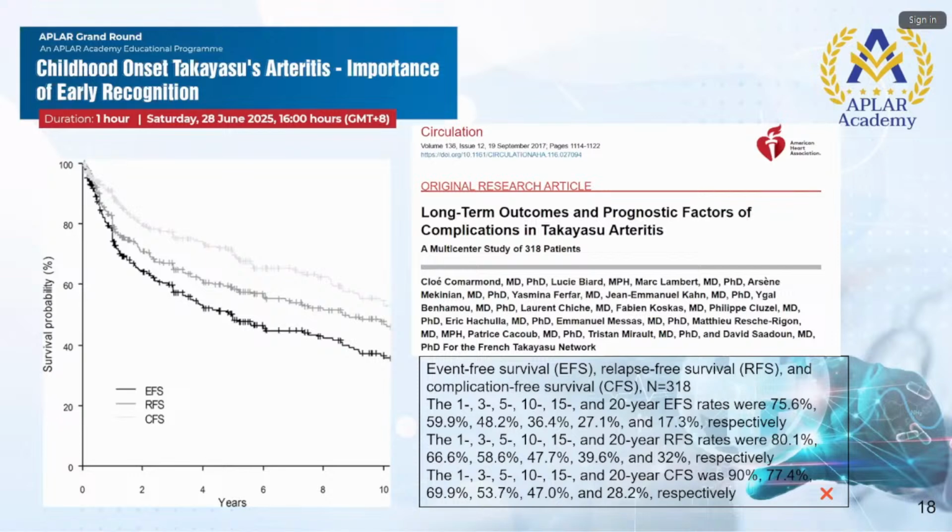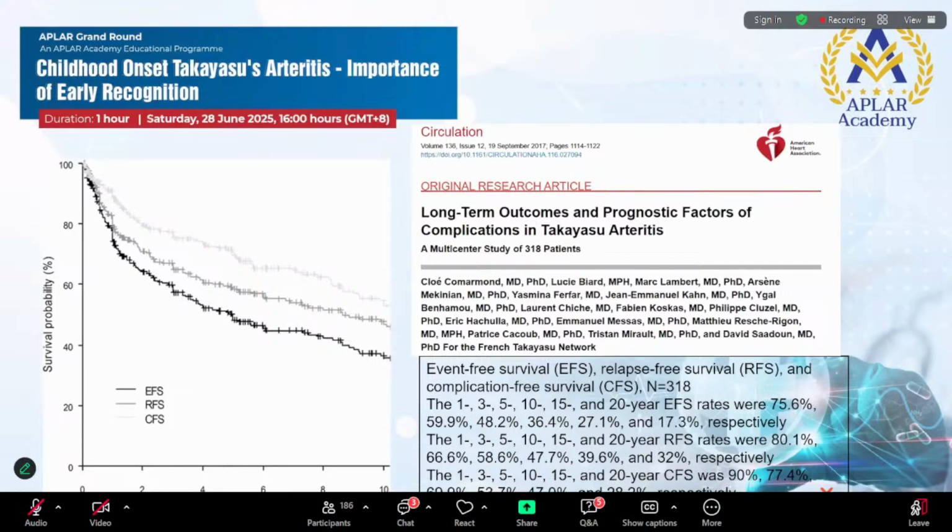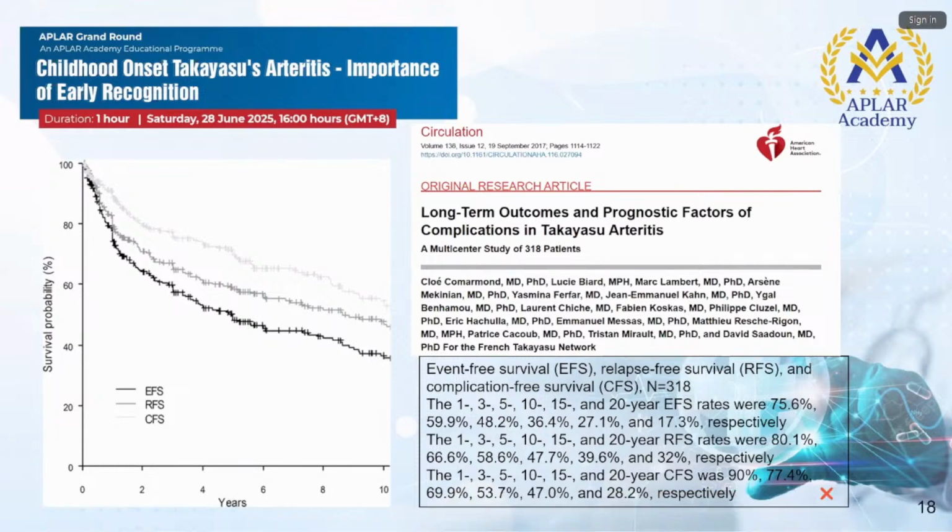In research on adult Takayasu, nearly 50% of patients had relapse of a vascular complication within 10 years from diagnosis.